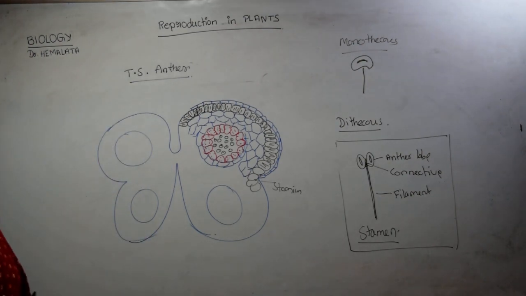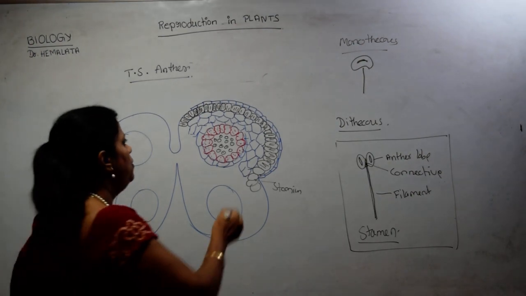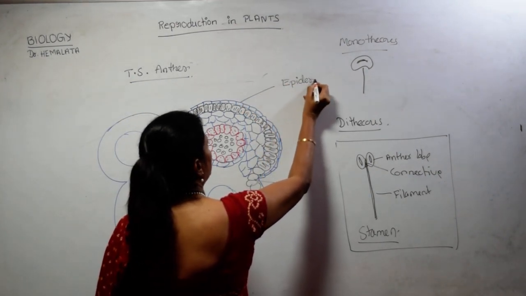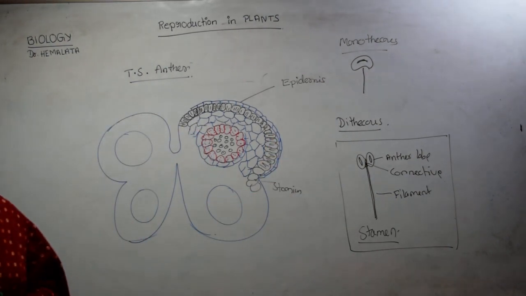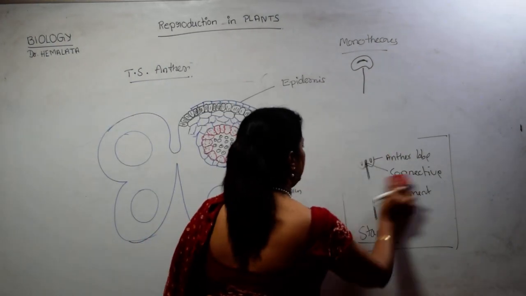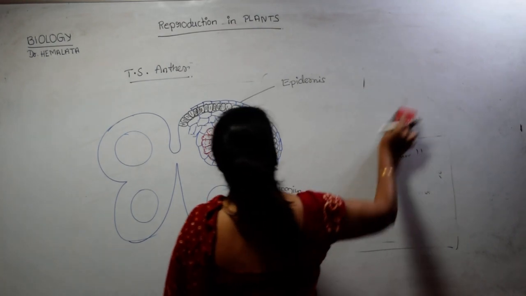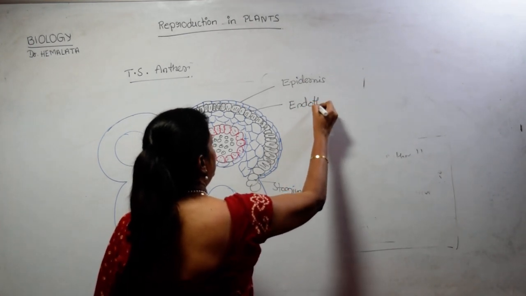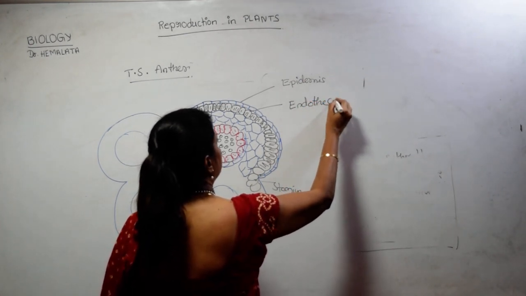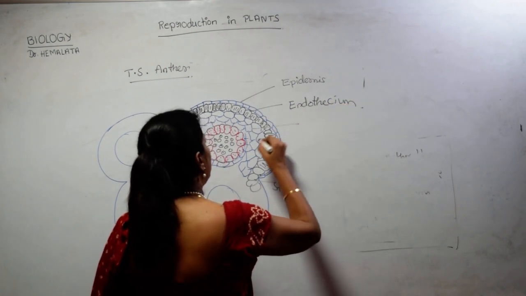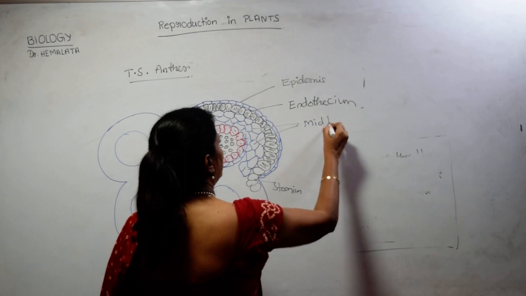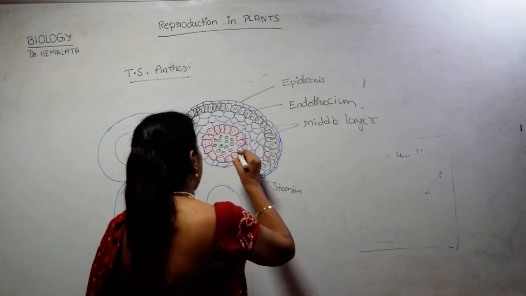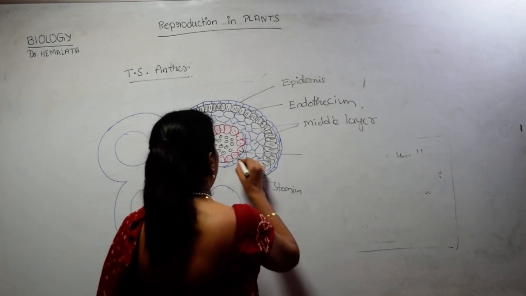Right? So now let me label, and you can help me in labeling. First part, it is called as the epidermis. Okay. Then the next layer I have drawn. What is the second layer? That must be, this is the endothecial layer or endothecium. Then comes the middle layer. Then the highly nutritive area I told you, this is called tapetum.